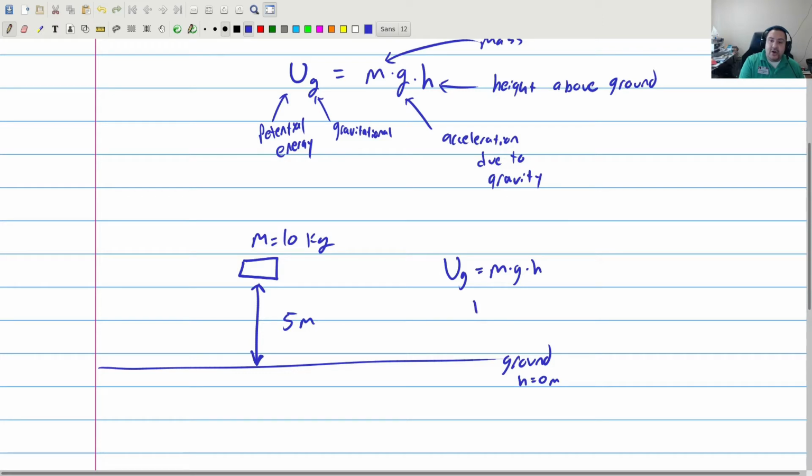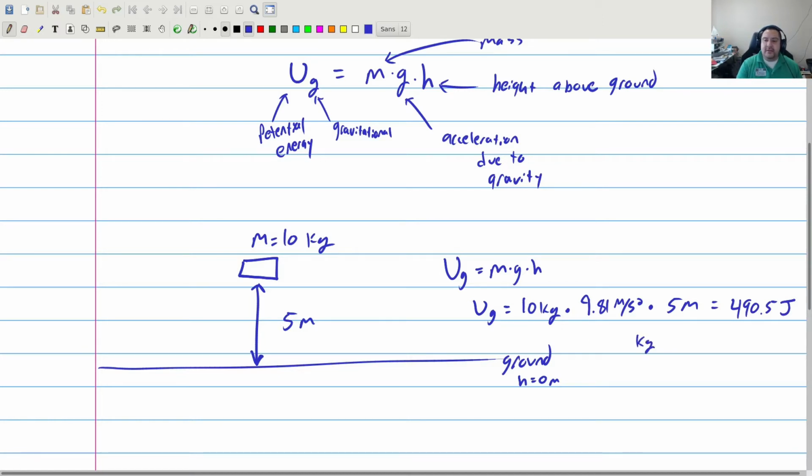All right, so Ugh is equal to 10 kilograms times 9.81 meters per second squared times an H of 5 meters. This is equal to, I get 490.5 joules.